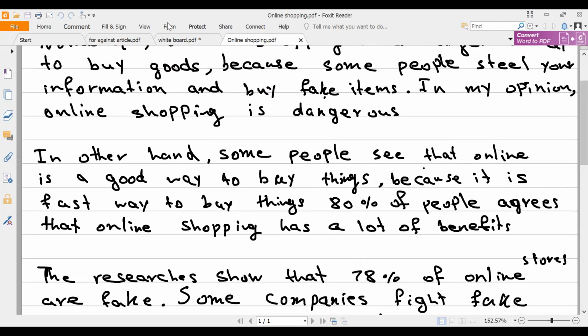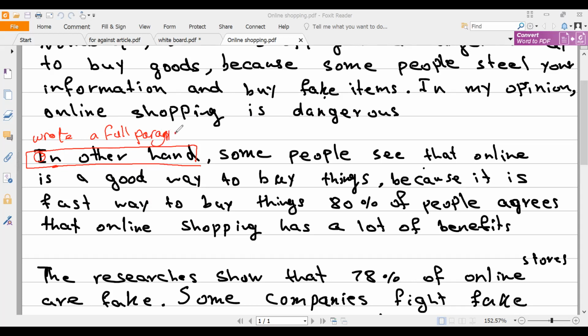What? Why here you said "on the other hand"? Here. When you say "on the other hand," it's "on," not "in." "On the other hand" means you wrote a full paragraph before this one.